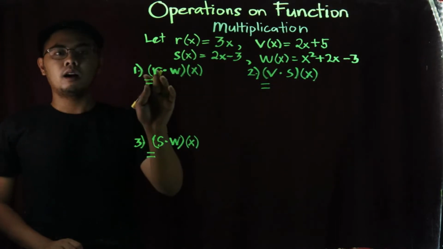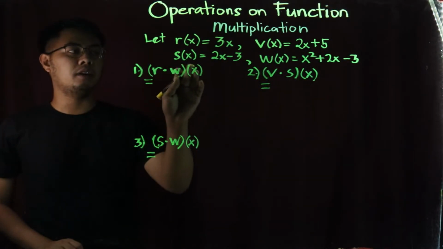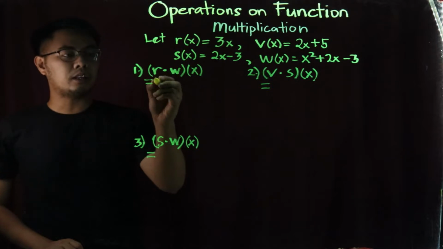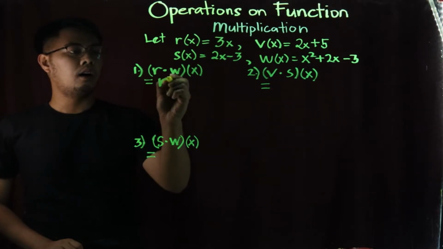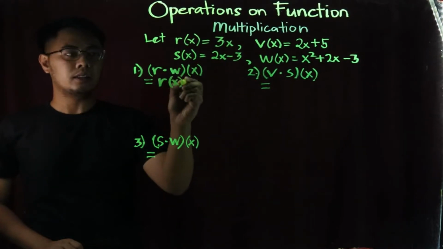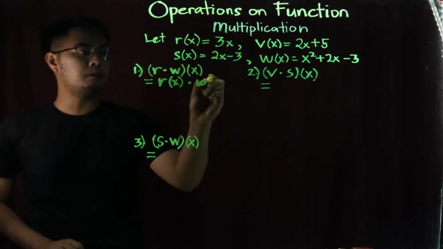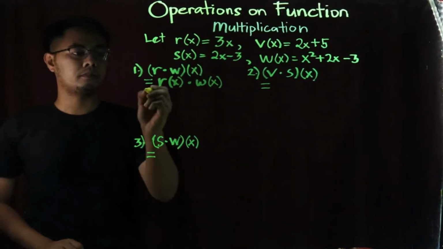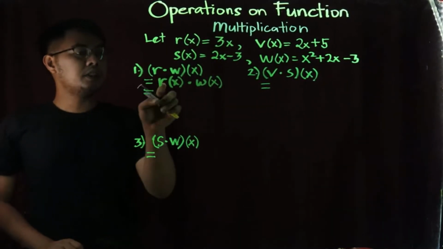Example number 1, r times w of x. It means that you're going to multiply the r function times the w function. So what is the r function?